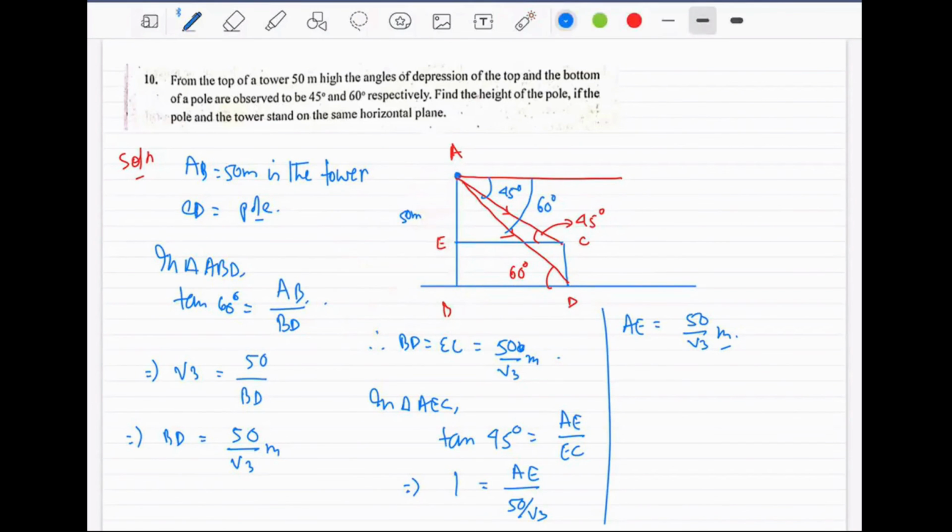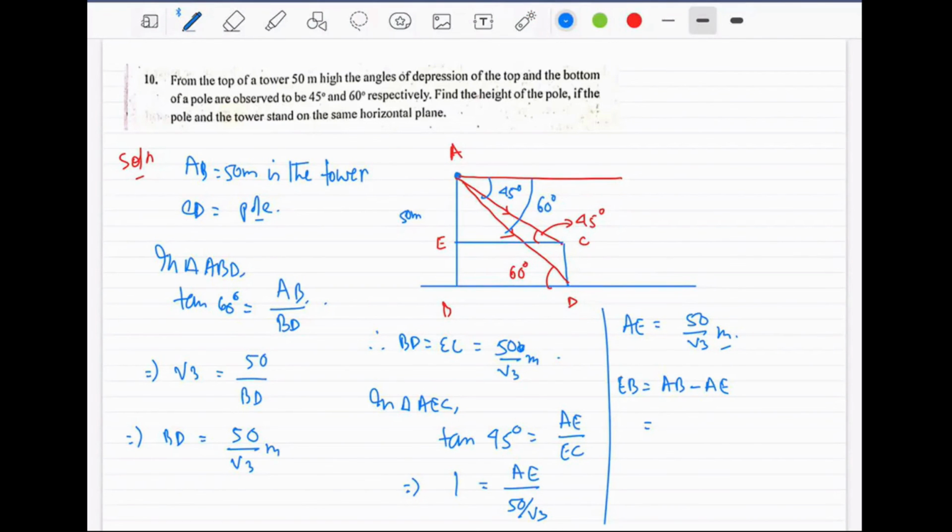Okay, so calculate EB. EB is equal to AB minus AE. AB is this part, AE is this part. So you put the value of AB as 50, and the AE, we just found out that this is 50 by root 3.